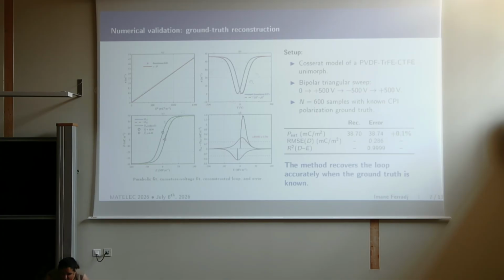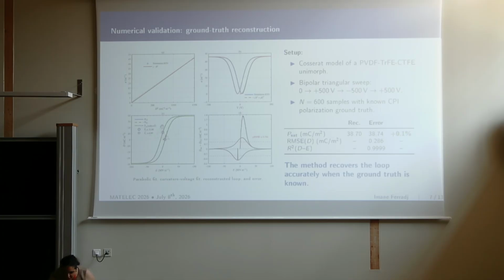And so I see that there is a good agreement between the complete model and the reconstructed, very simple model of the curvature. And then in my model, what I have to do first is compute the polarization hysteresis loop, to then obtain the resulting curvature once applying the voltage.